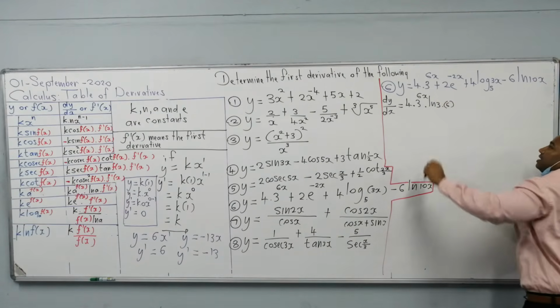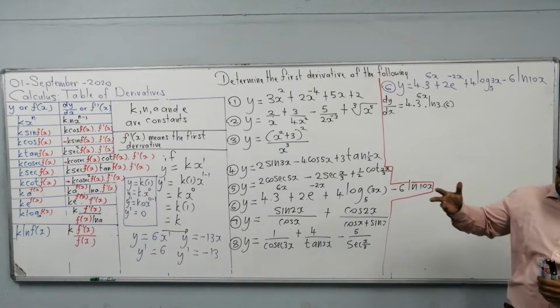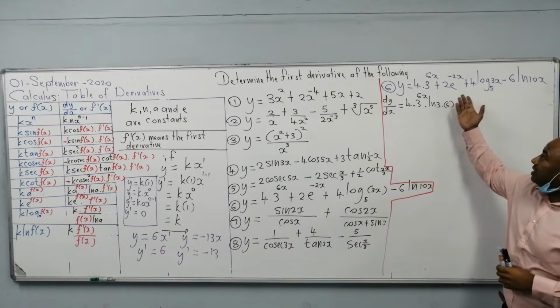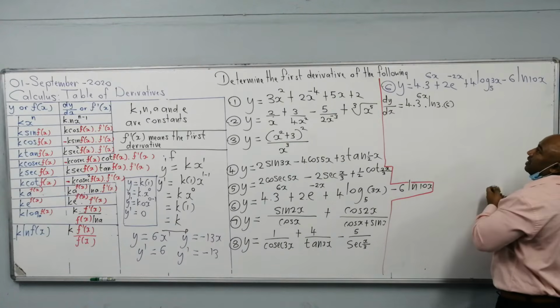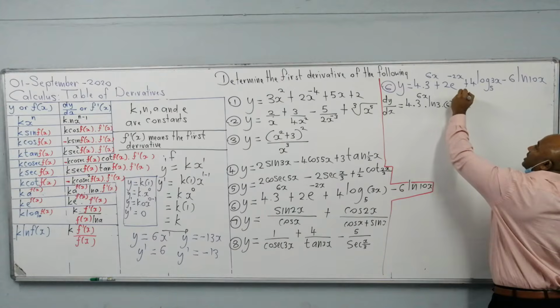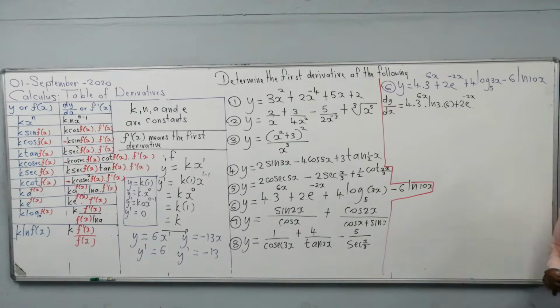When you're doing this, your base is e. So basically, you can use the above formula, ka, the one that we just used, but when it's e, there's no need to put the ln part there. So we got plus 2 times e to the power minus 2x, and then you don't have to put down ln of e.